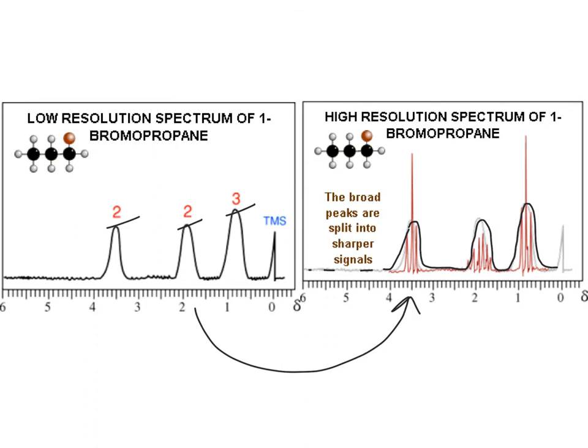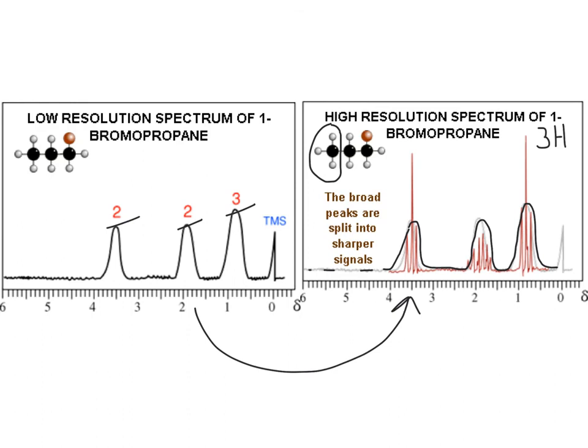So this peak at roughly 1 part per million was caused by 3 hydrogens, and it was caused by these 3 hydrogens. Now if you look to the neighbouring carbon, there are 2 hydrogens on it, and it always splits up into 1 more peak than the number of hydrogens we've got on the neighbouring carbon.